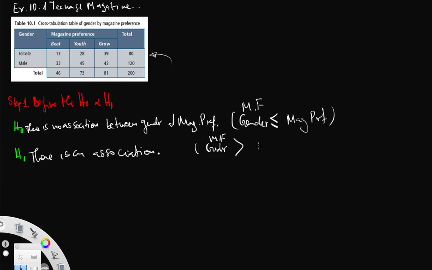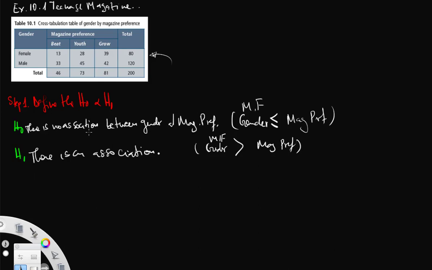That's why the sign here between the magazine preference is something like this, because we know that we are dealing with a one-sided hypothesis test.